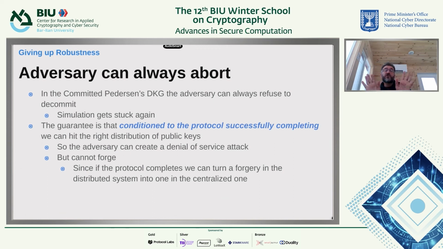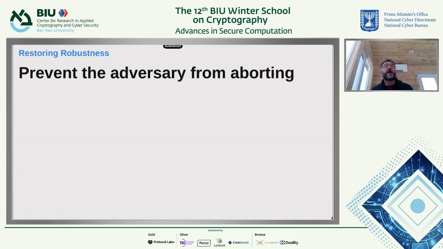So the unforgeability now holds because either the protocol aborts or, if it doesn't abort, I can show the reduction. So that is the trade-off with this protocol. If we don't want, and by the way, I'm showing you things in a different chronological order.